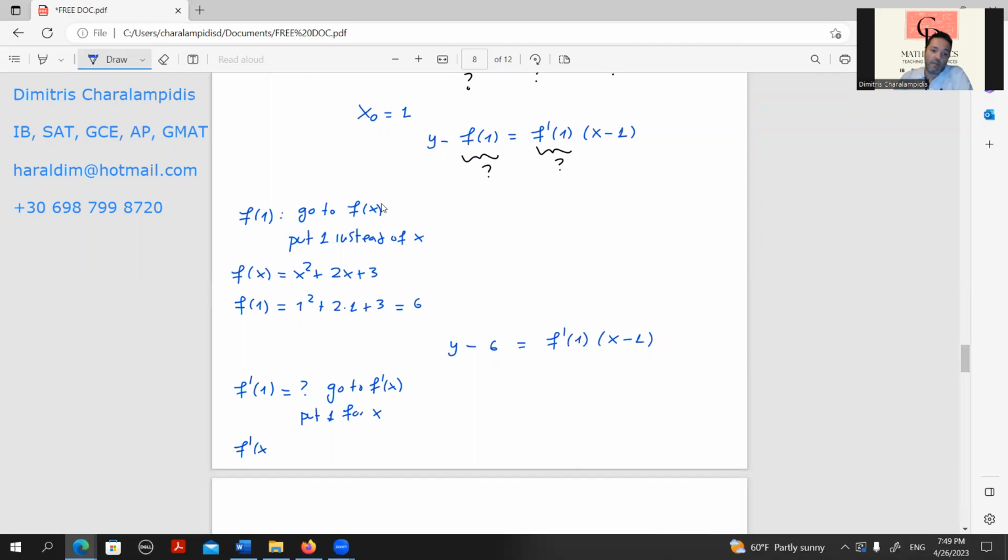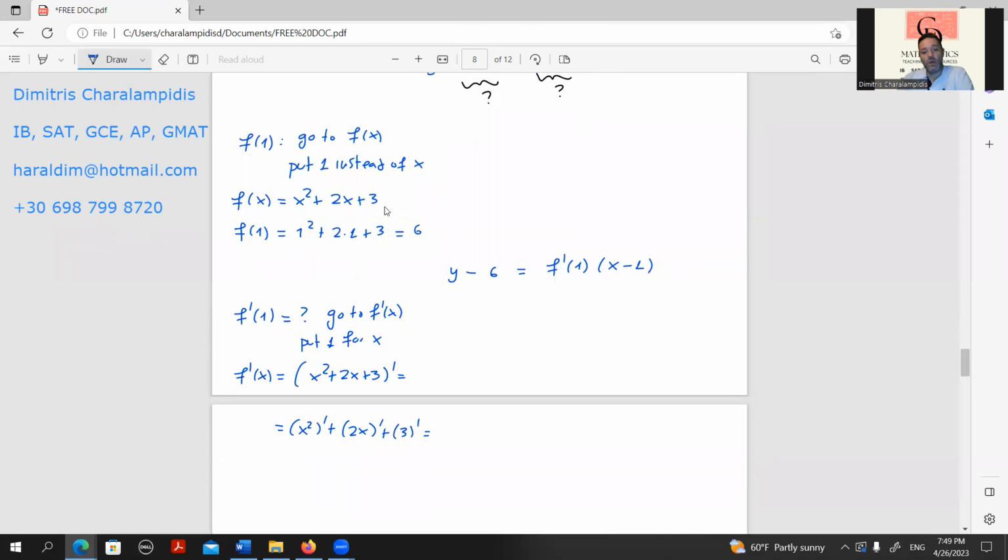F derivative of x is the derivative of x squared plus 2x plus 3, which means the derivative of x squared plus the derivative of 2x plus the derivative of 3, which means 2x plus 2 plus 0. So f derivative of 1 should be 2 times 1 plus 2, which is equal to 4.